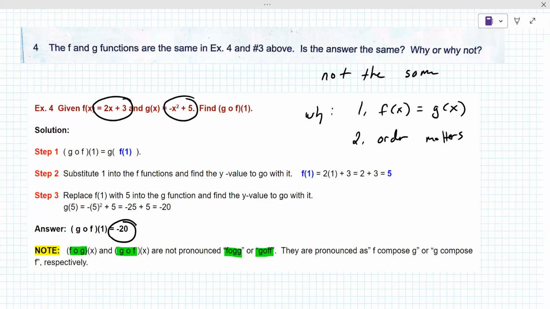All right, let's move on to the next question, which is number 5. Given the functions, find the composition required. Show work. Okay, show the work. All right, here we go.